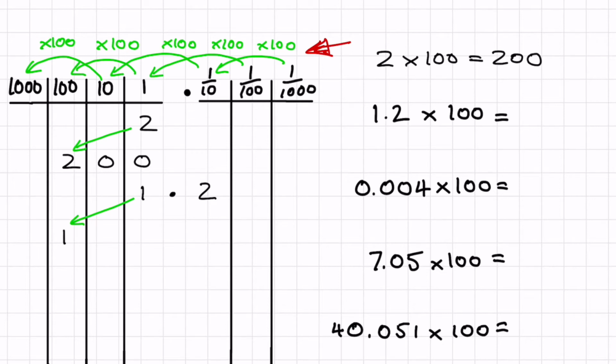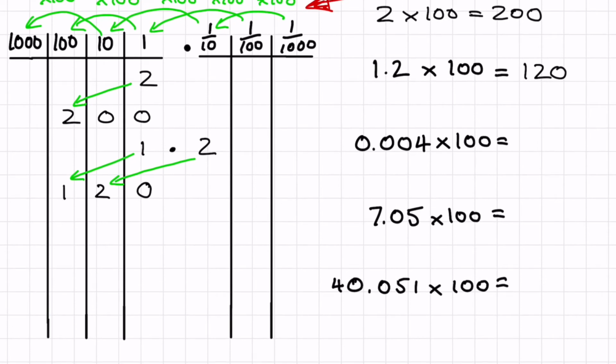And the 2, that is currently in the tenths column, is going to end up in the tens column. Again, we need to put a nought in the units column because of place value reasons. We need to show that that is 100 and 2 tens. We then know that the answer is 120. 1.2 multiplied by 100 is 120.